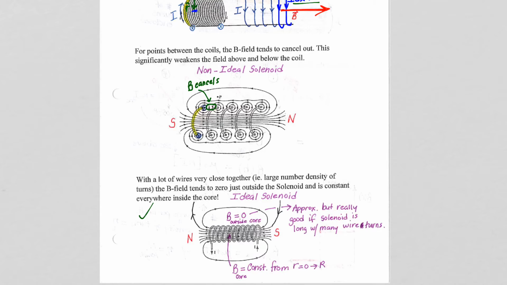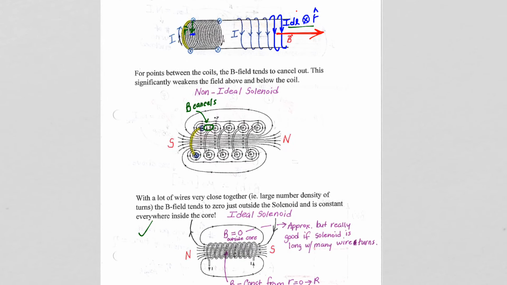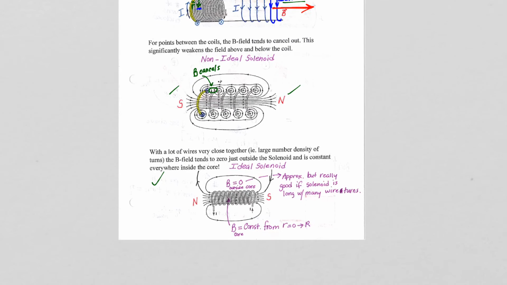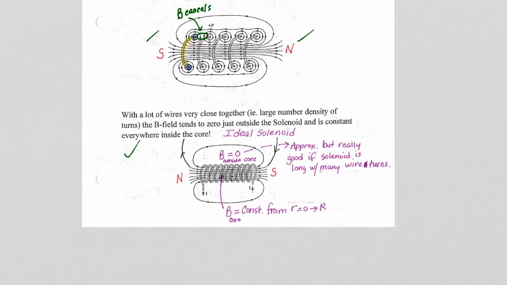And you can see now how we kind of get the electromagnet out of the solenoid. So the B fields come out of north and go into south, and they will mirror the permanent magnet. So our ideal solenoid case simply means we have many wires very close together, so we will be assuming that the B field equals 0 outside the core.